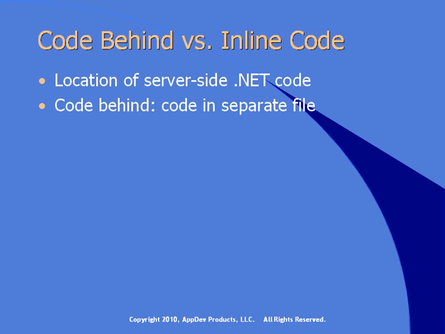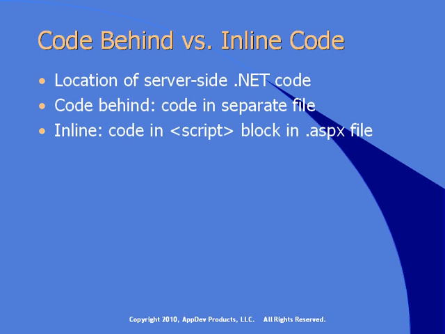This code file is called code behind because the .NET code that runs on the server to generate the page and respond to events is in a separate code file, sort of behind the page. You don't see the code within the .aspx page. So this provides a nice clean separation of the design of the page and the code that works behind it. And Visual Studio takes care of hooking up the code to the proper elements on the page for you.